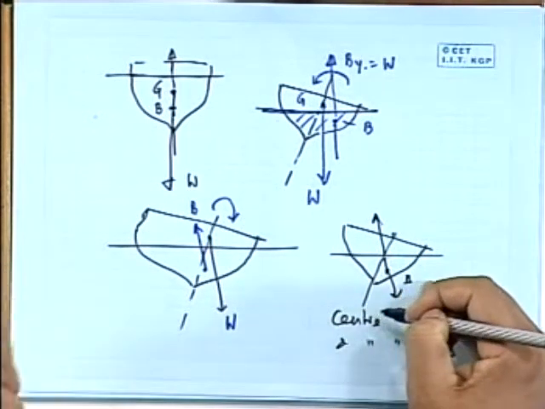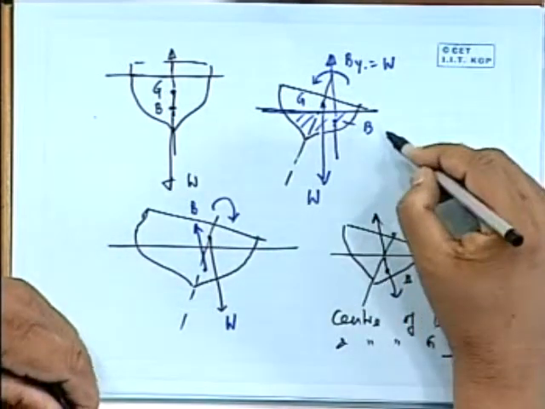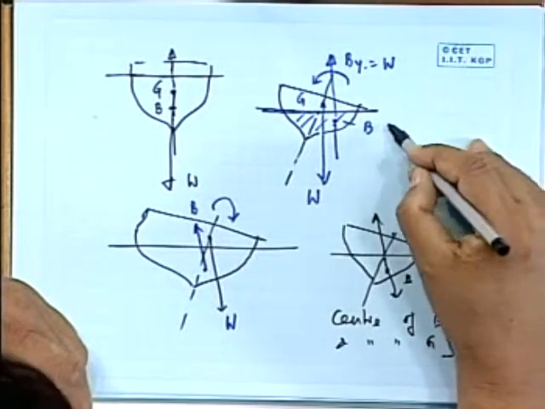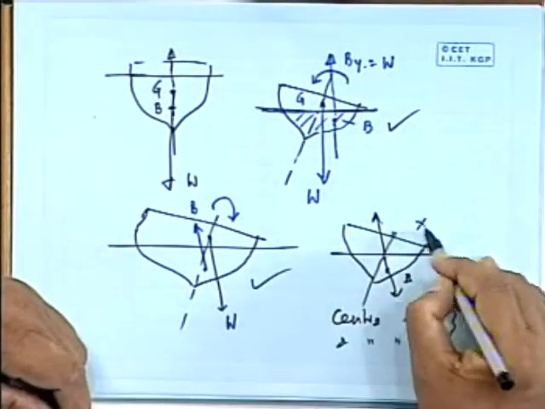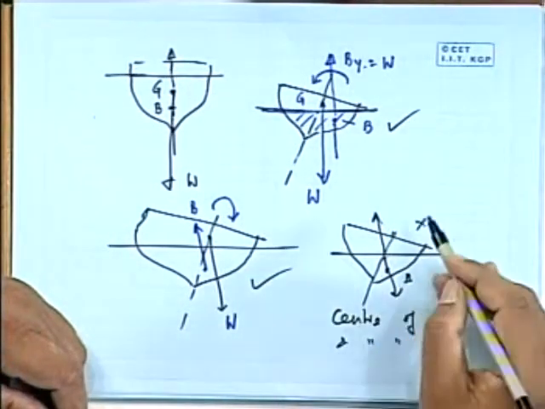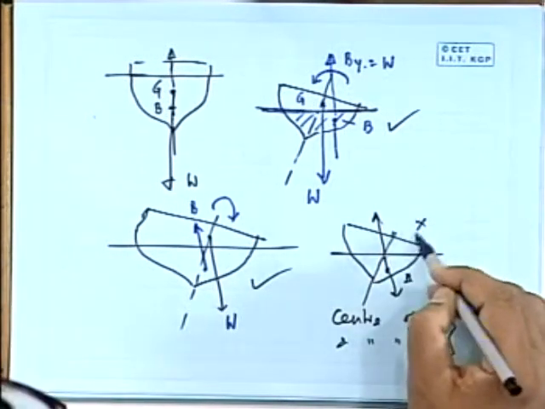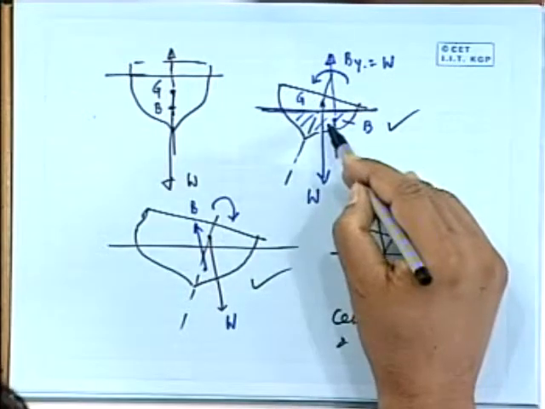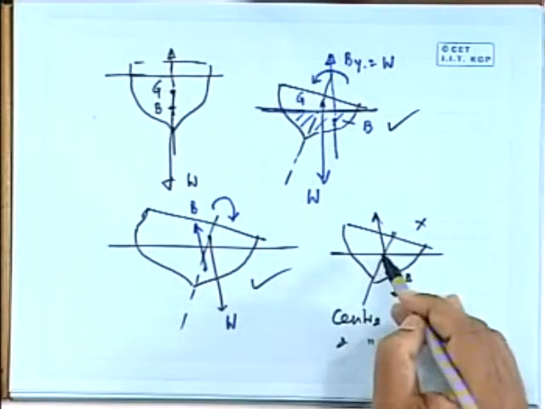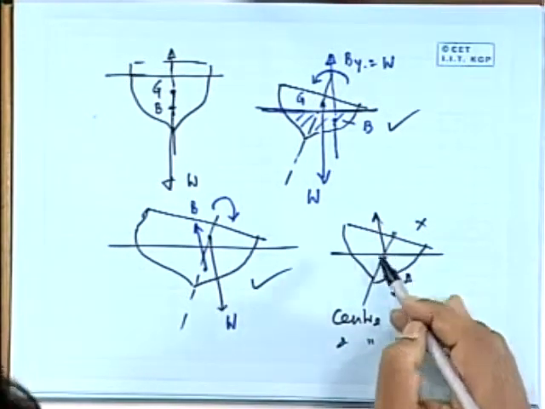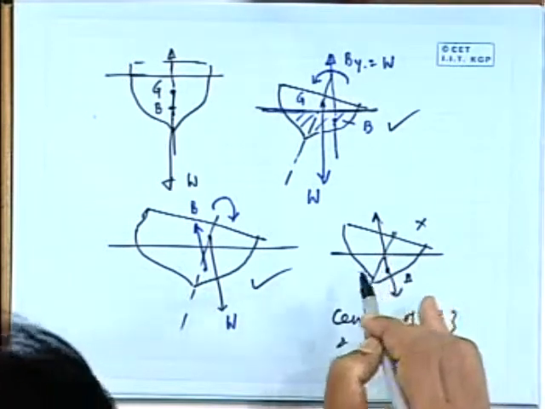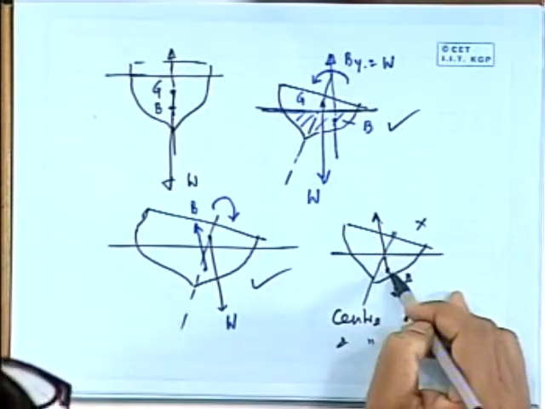So this is a situation where, if it was possible, the ship would have stayed at this location. But in ship study it turns out that you can only have either this or this. You can rarely have this, for the simple reason that if you tilt it even slightly, it will become either this or this. So normally nobody talks about a situation where it will remain as it is.